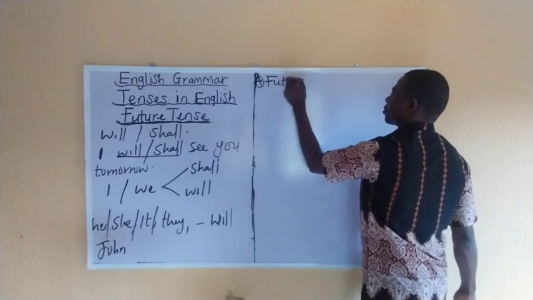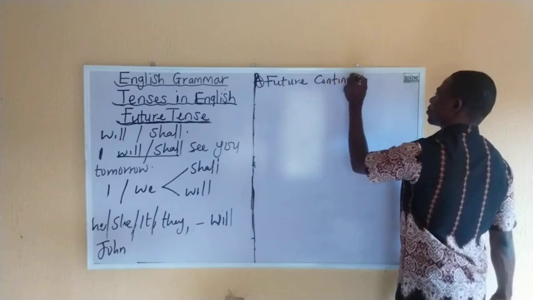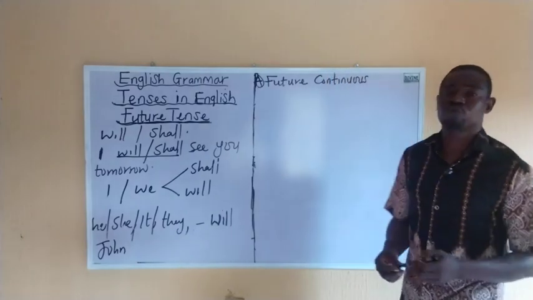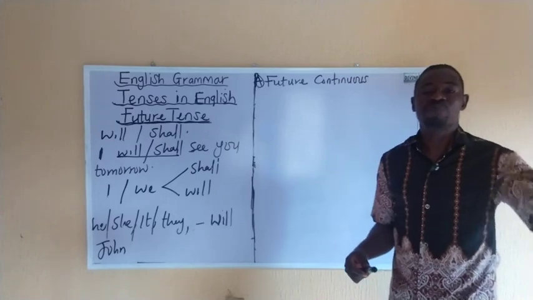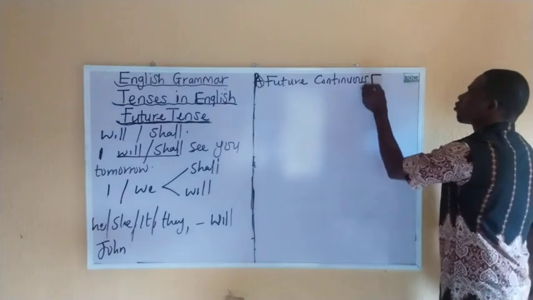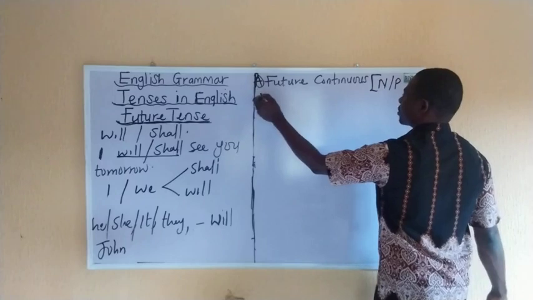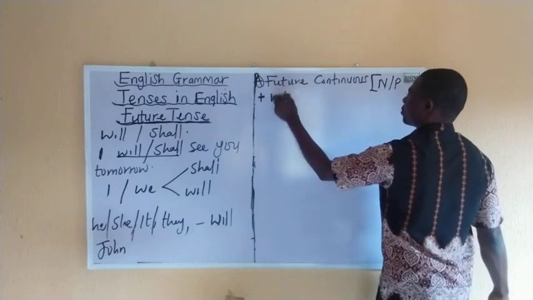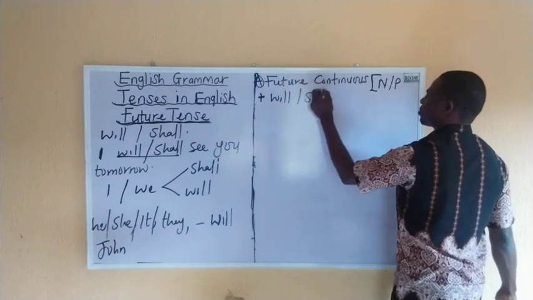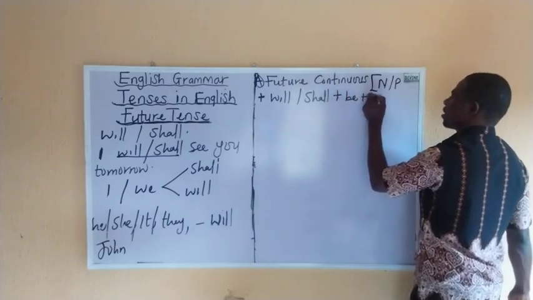The future tense also includes aspects such as the future continuous. This is used to show that an action will be in progress at a time in the future. It has the structure N/P plus will/shall plus be plus ing.